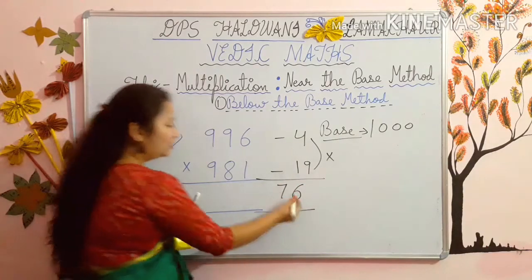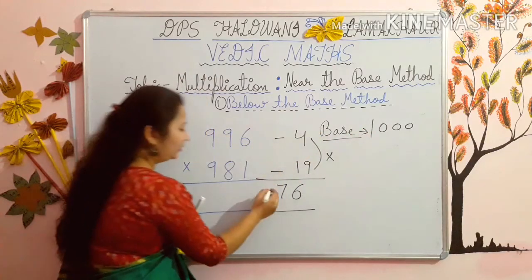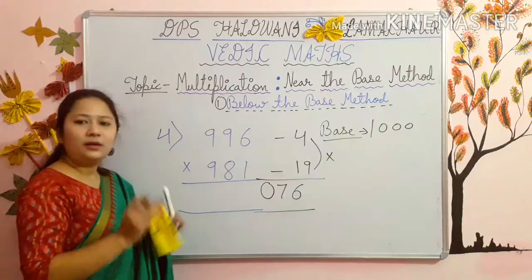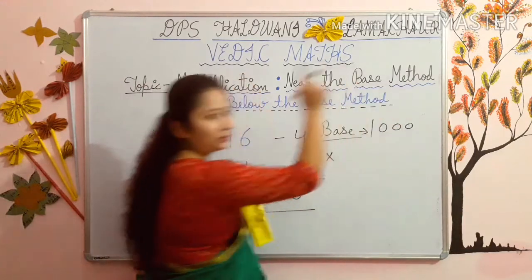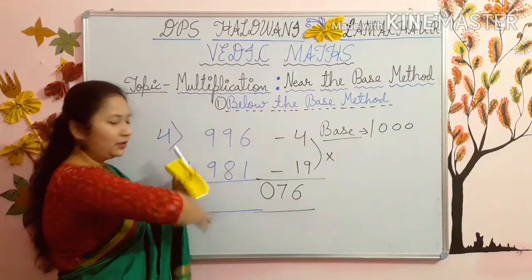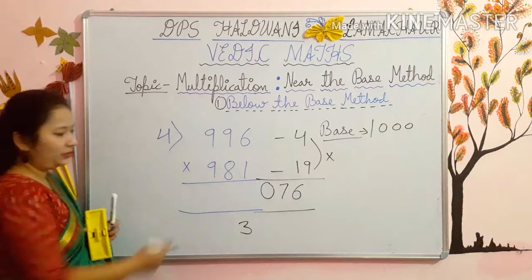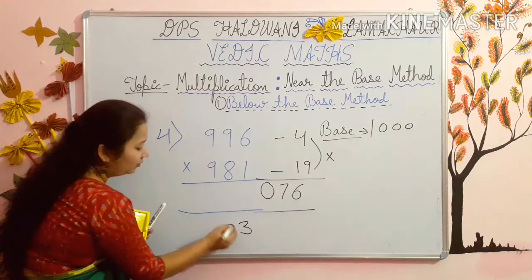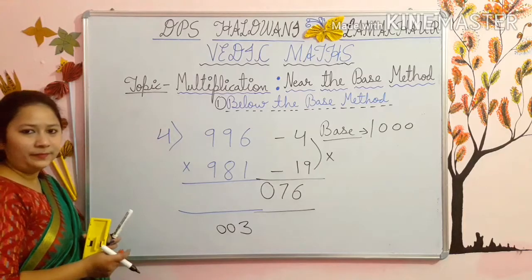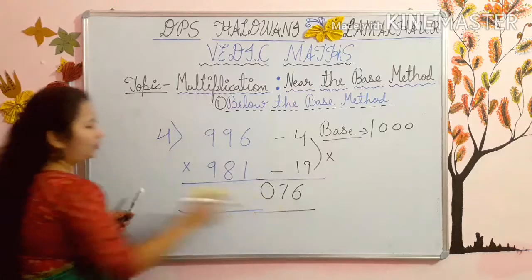Here, see, 2 digits, 3 zeros, so make it 3 digits. Now it's the same. See 1, 2, 3 digits, 1, 2, 3 zeros. It can be like this also. In the case of 76, 3 can also be there, so you will put a zero: 076. See 3, 3.